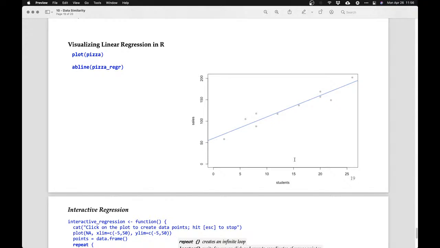Question: how would you describe that line versus the scatter plot of data? Where does that line run? What is that line doing? How would you describe this line relative to the data?